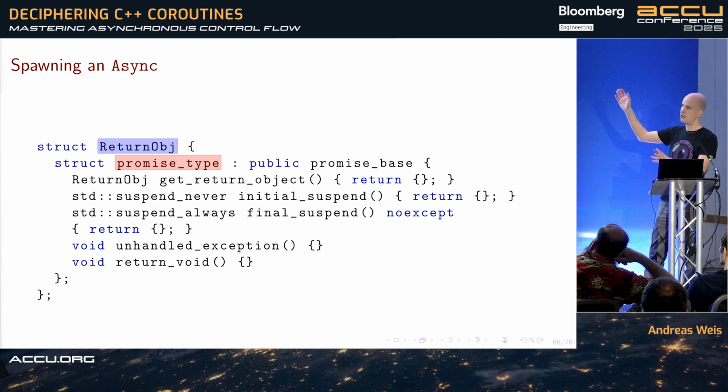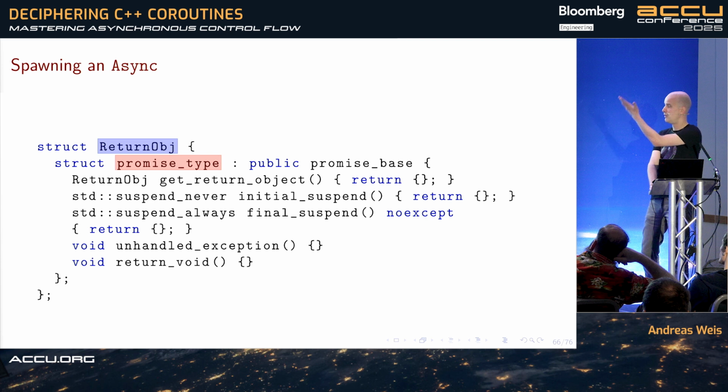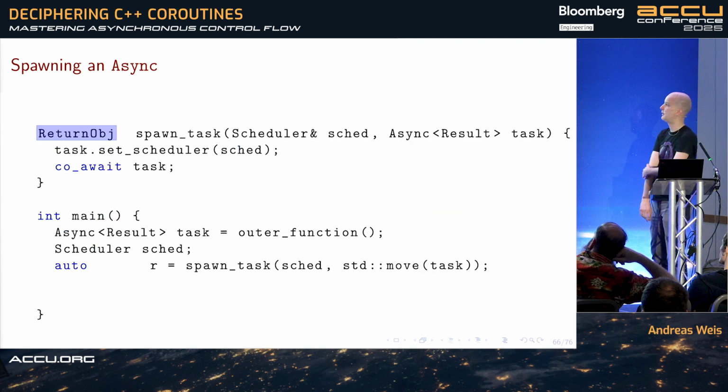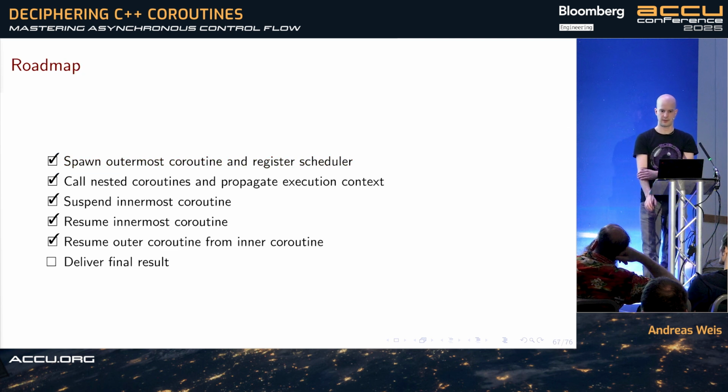So this is really the world's stupidest coroutine return object. Nothing more is needed there, because in the end, the main thing that we wanted to do is to be able to call co-await, and we don't need more than this to allow that. So this is it. This is all we need to spawn. Now the only thing that's left is obtaining the result.